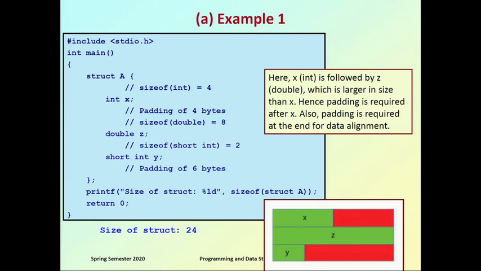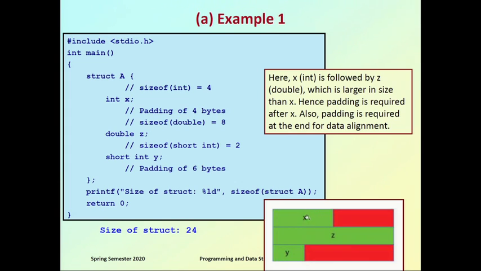So first x is declared. See the picture, x is of 4 bytes, and next z is 8 bytes. We will not start z from here; rather we will pad another 4 bytes, that means we will pad the difference between the size of z and x.